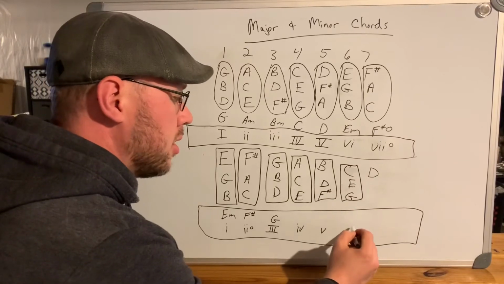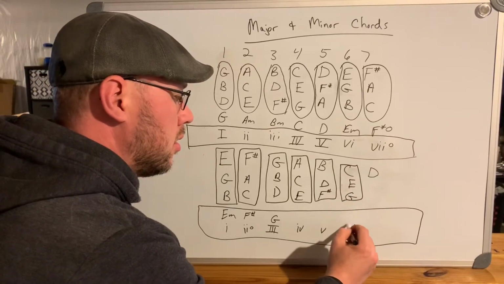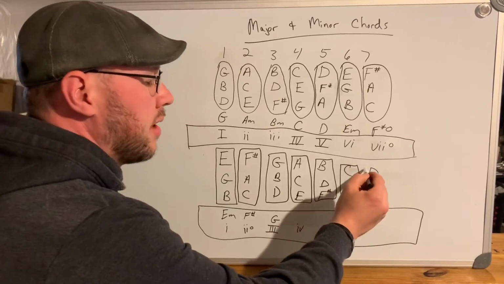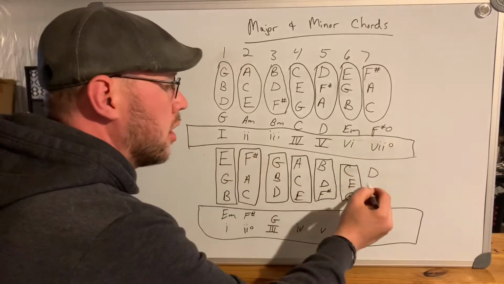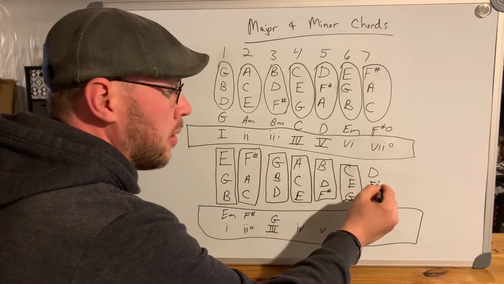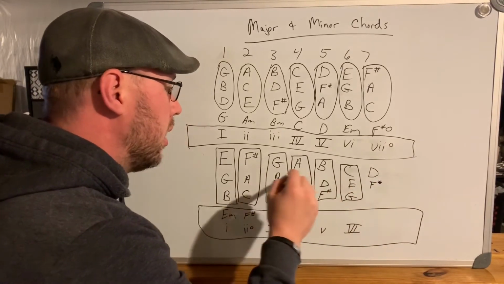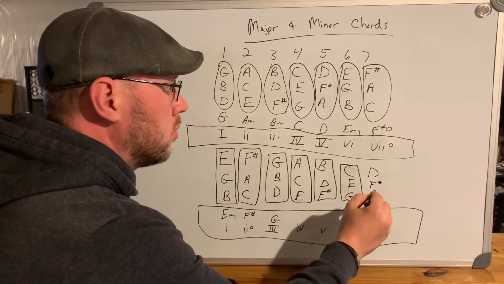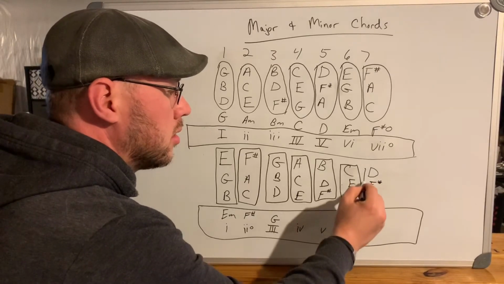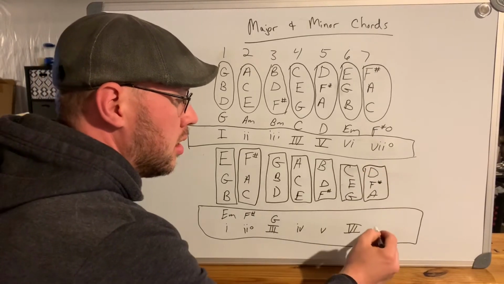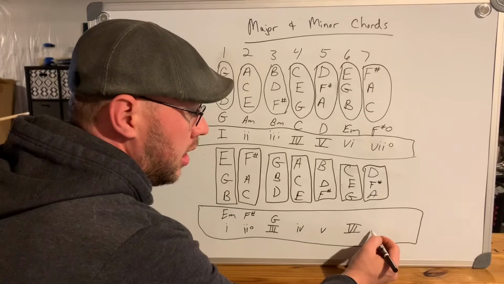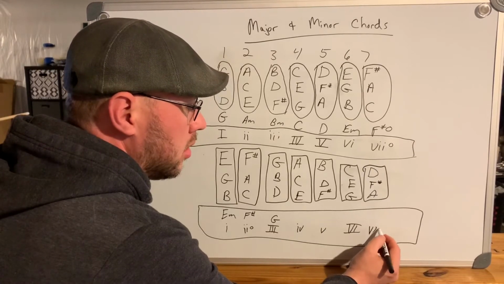That is a major 6. Then the 7th, D, E, F sharp. D to F sharp is 2 whole steps, so that's a major quality. And then your 8th note is your 5th. So we now have a D major.